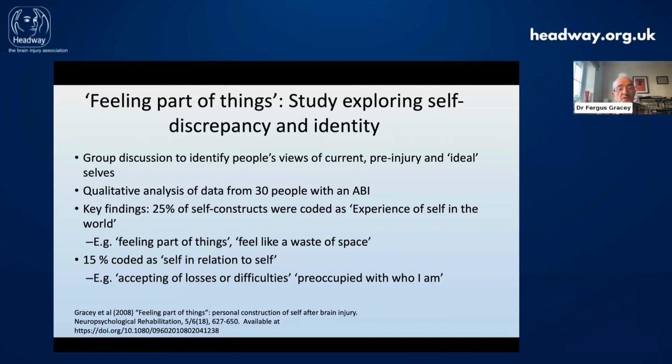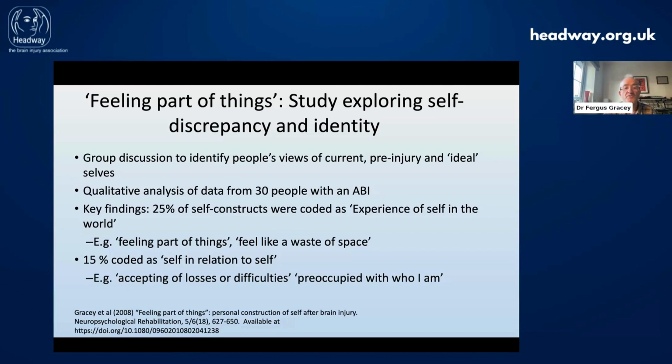What are the things that people are experiencing and thinking about when they're comparing themselves to how they used to be and how they'd like to be? It was interesting because people tended to talk about their experience of themselves in the world. So in activities, in groups, in social situations.